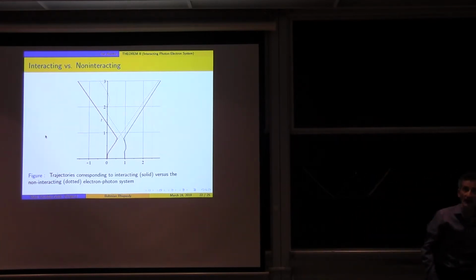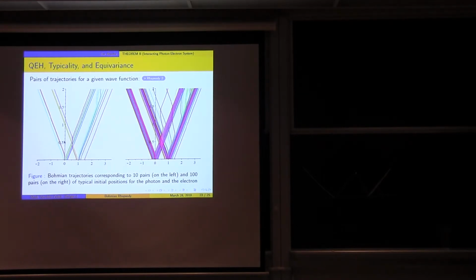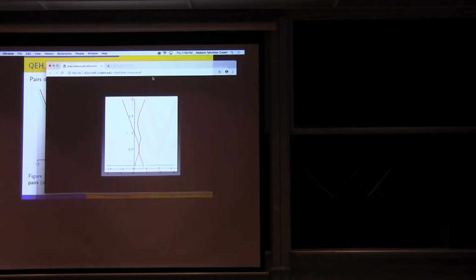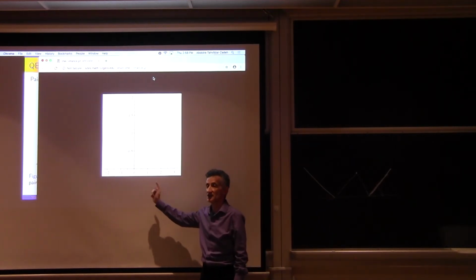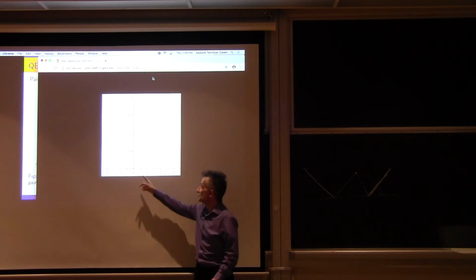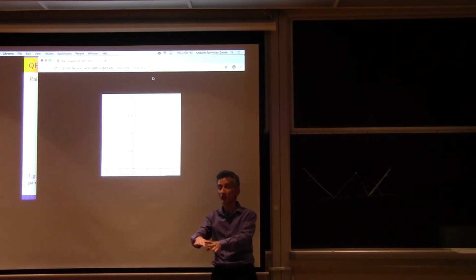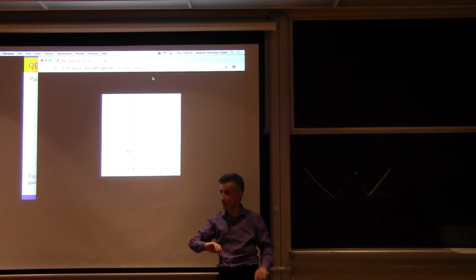Okay, so I'm going to end by showing you another movie here. Now you're going to look at many different initial conditions for the pairs of particles. The locations are dictated by the initial distribution of the wave function.